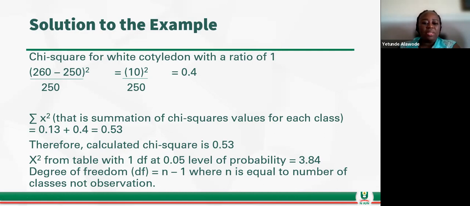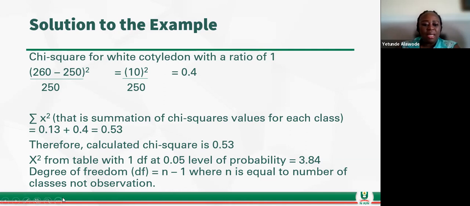But in the case of this one, in your study material, your coursework, there's a chi-square table there, and from there, you will go and check your chi-square tabulated. This one that we did is the calculated. You will now go and check the one on the table. The one on the table is tabulated. And your degree of freedom.